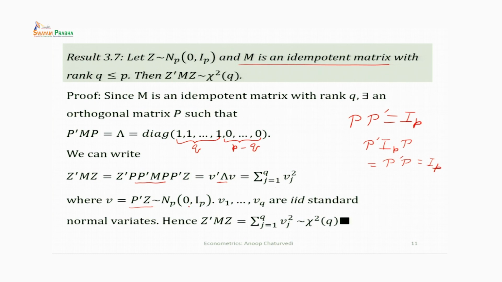So, V follows N_p(0, I_p). So, V1, V2, ..., Vq are IID standard normal variates. This implies that the summation j equal to 1 to q of V j square follows a chi-square distribution with q degrees of freedom.